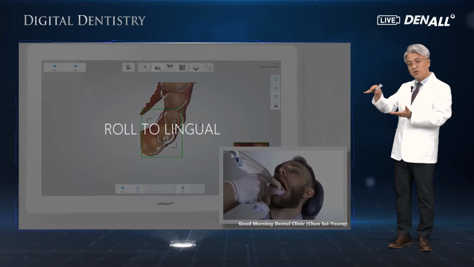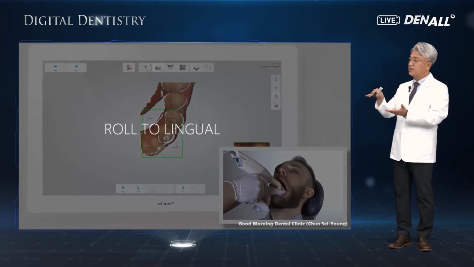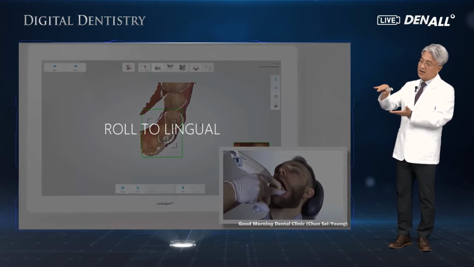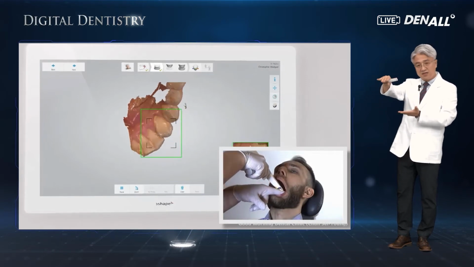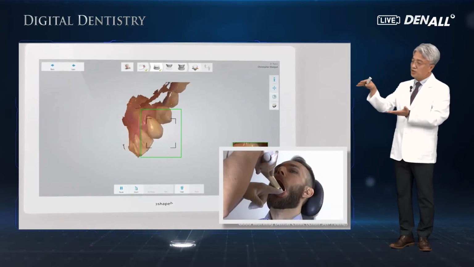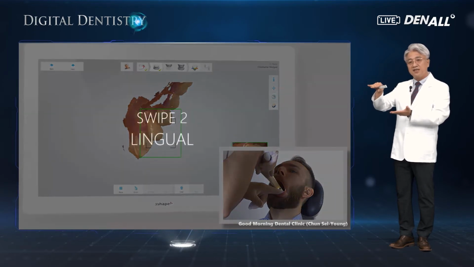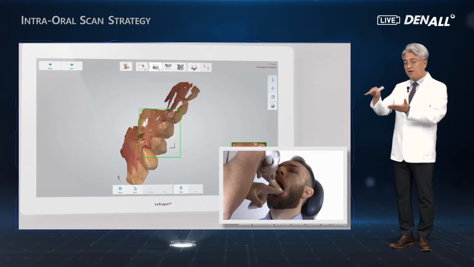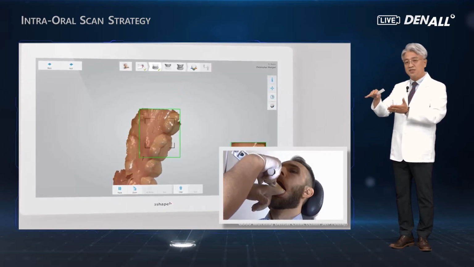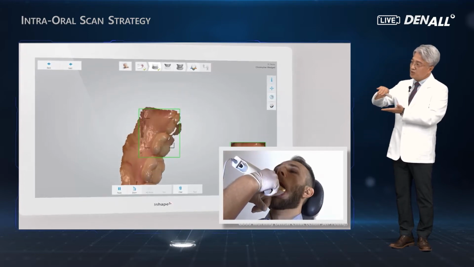When it reaches a canine or lateral tooth area, move to the lingual for the lower jaw. When bending, move a little slowly rather than in a straight line to accumulate the images in a precise way.